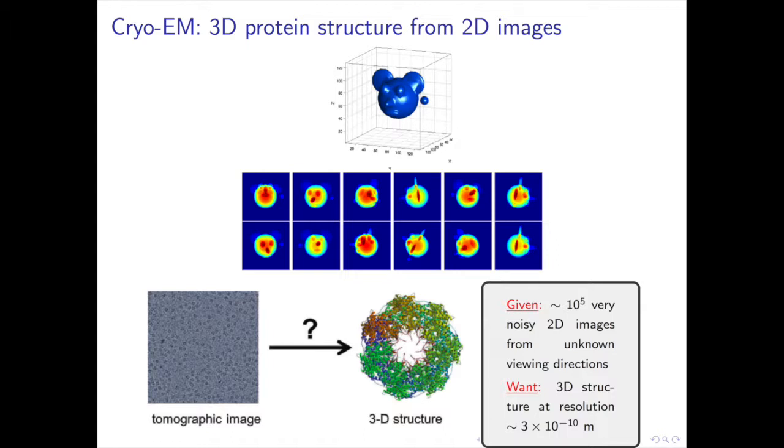Altogether, you maybe have 100,000 particles. Each one has an unknown rotation matrix. And your task is to go from the super noisy images to a high resolution 3D structure. Visually, I think this is a hard problem because of the noise and the unknown rotations. Any questions about this?